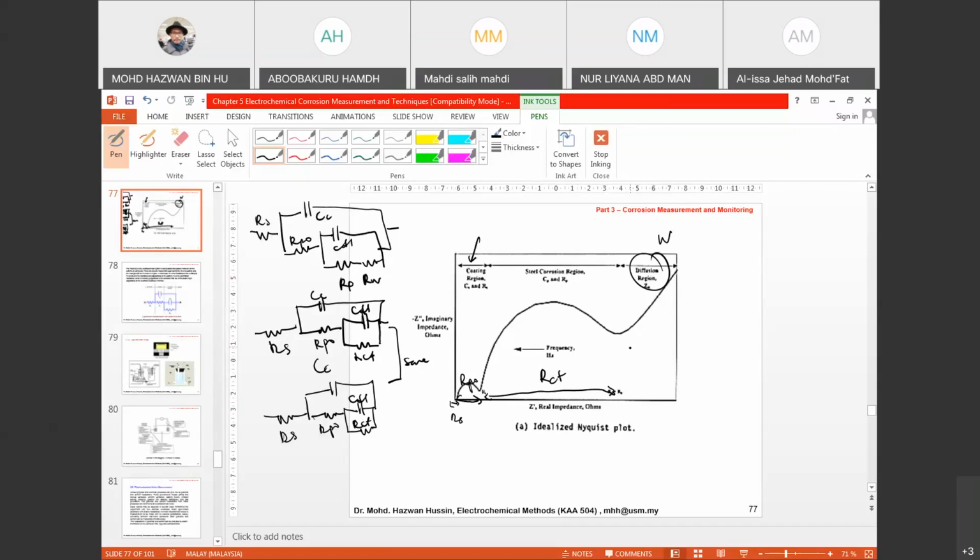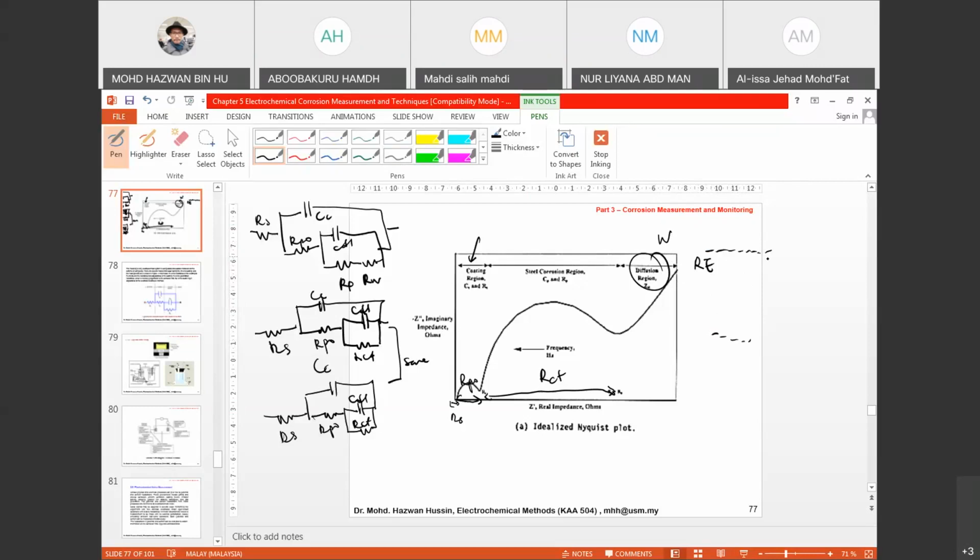So how do we translate this? Even though you see that wobble is forming last, because diffusion happens after the charge transfer process forms. So basically, if you draw it like that, you have the reference electrode here. This is your electrolyte.